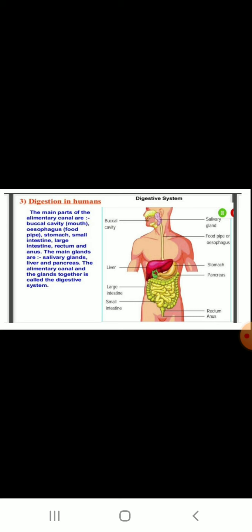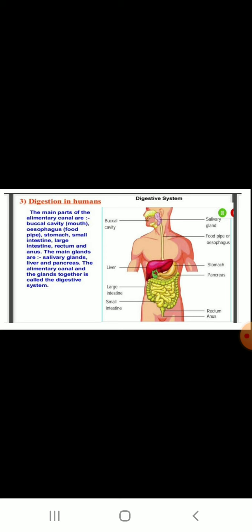After the buccal cavity, the colored part is the salivary gland, because the salivary gland produces saliva. On an average, a healthy person is going to secrete 1.5 liters of saliva per day. Then after that, you can see the food pipe or esophagus.